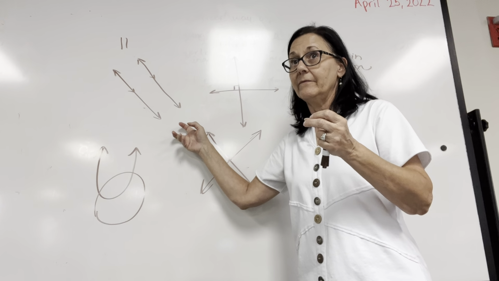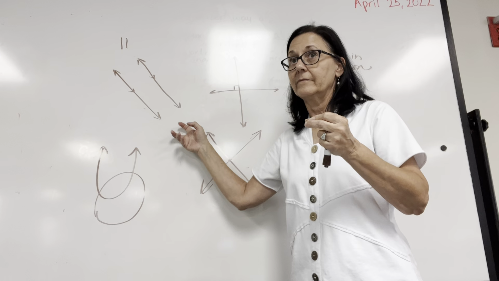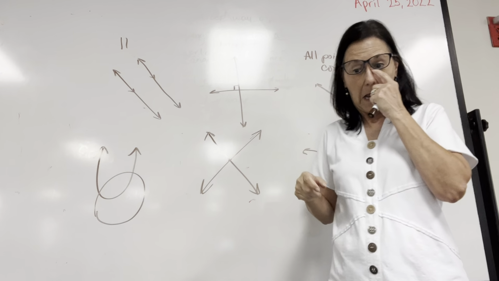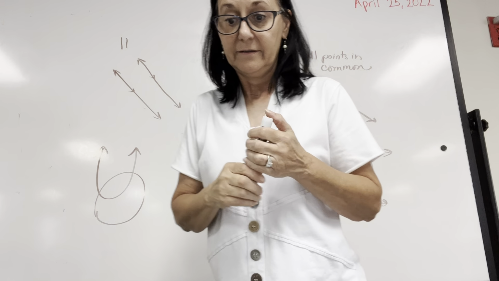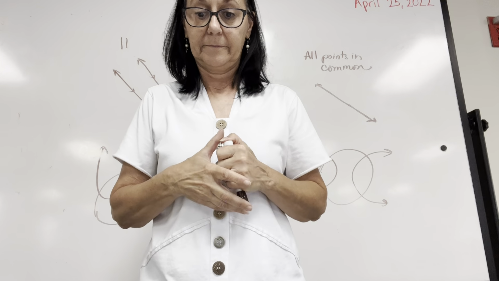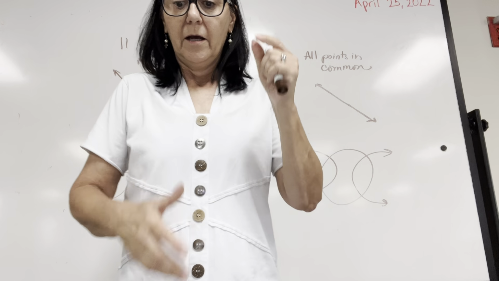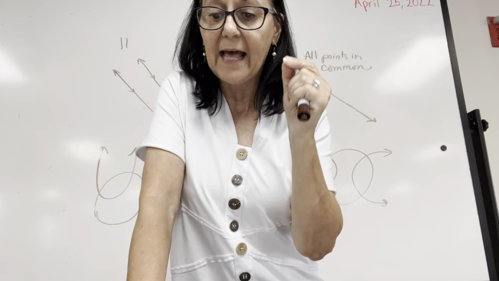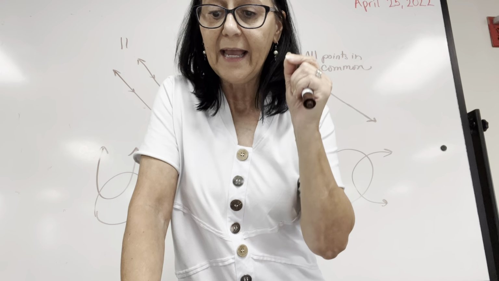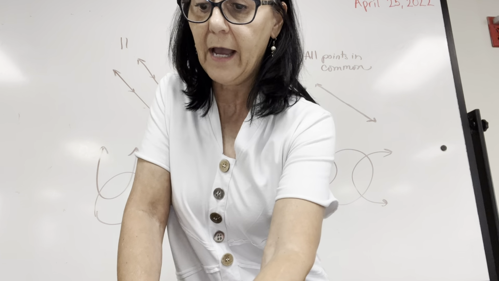Do you understand that? Coplanar lines can intersect and non-coplanar lines can intersect at a point. But skew lines are lines that are neither parallel nor do they intersect.